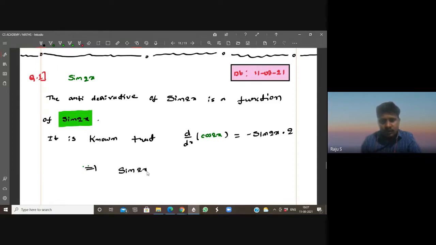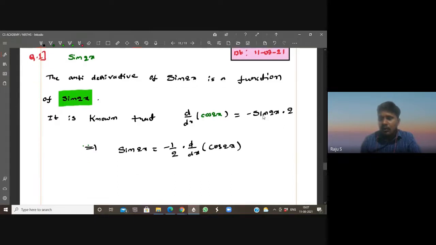Sin 2x can be written as d by dx of minus 1 by 2 cos 2x.